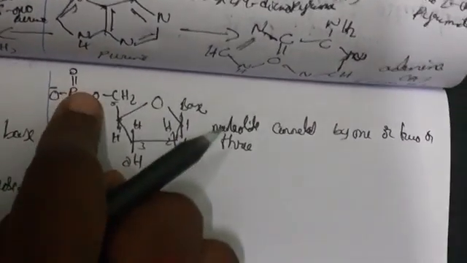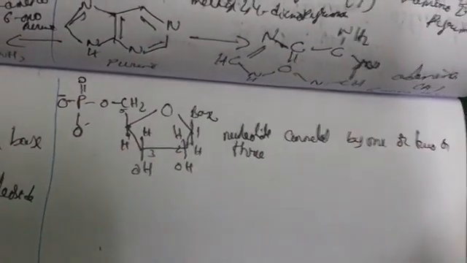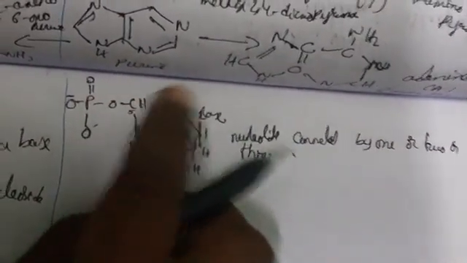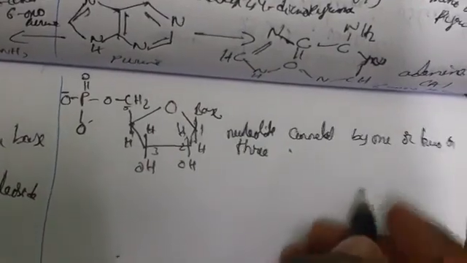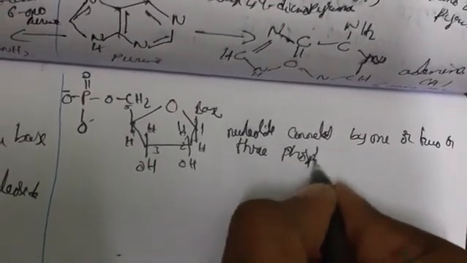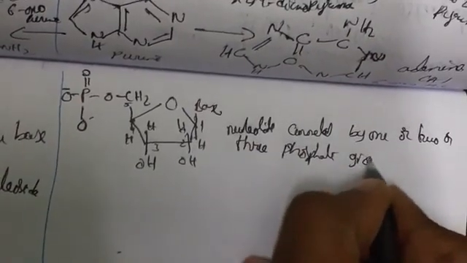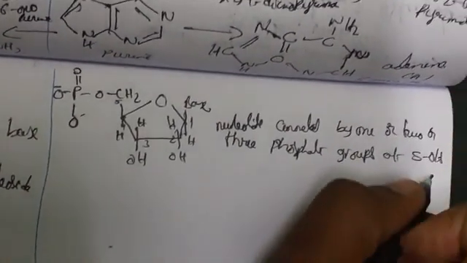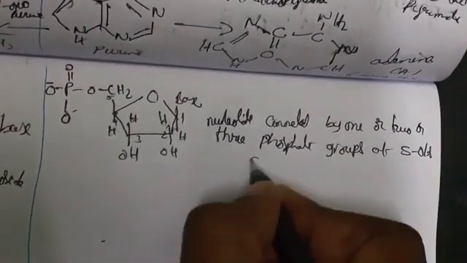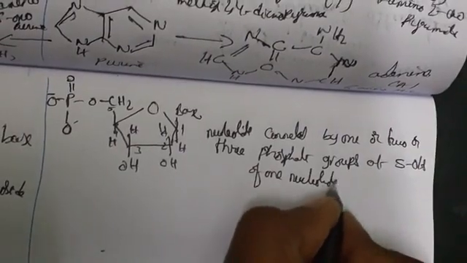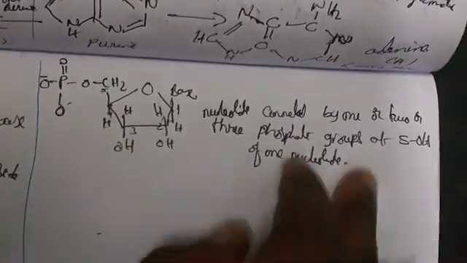It may have 1 phosphate group, 2 phosphate groups or 3 phosphate groups at the 5th carbon.